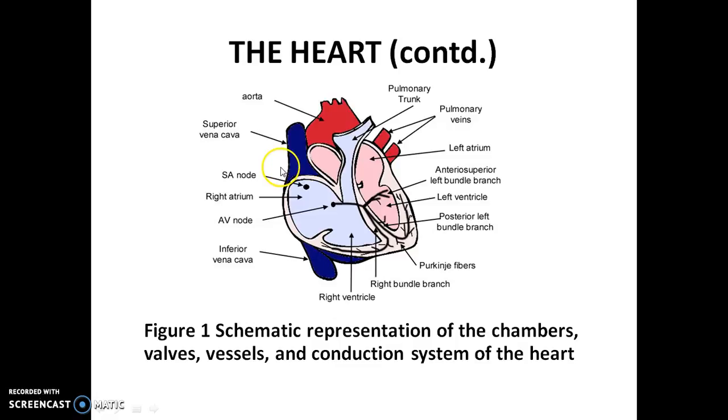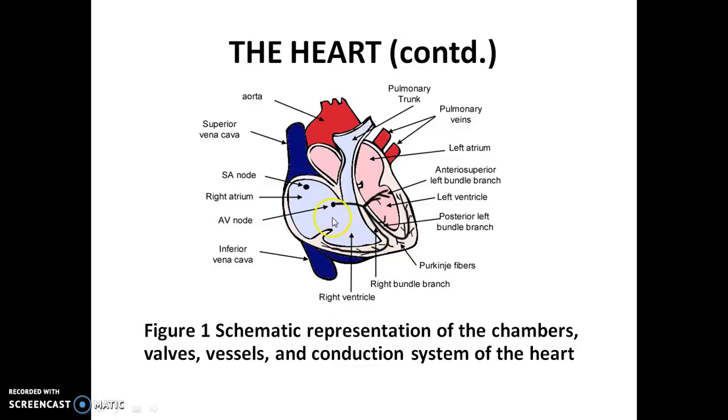The deoxygenated blood enters through these two pipes to the heart, and comes to the right atrium. When the right atrium is completely filled with blood, it will contract, so that one gate, called a valve, opens, and the blood from the right atrium enters the right ventricle.